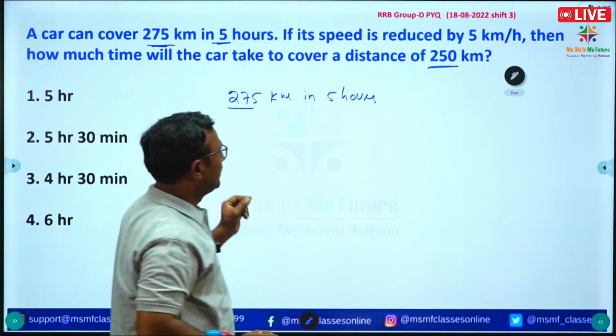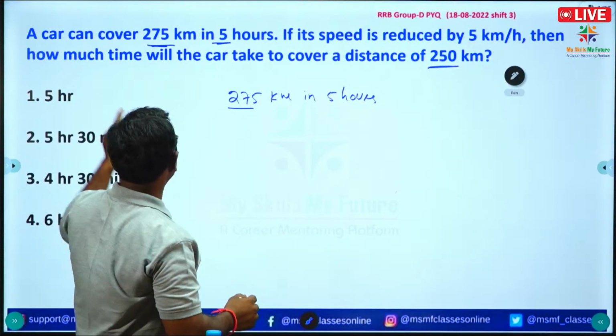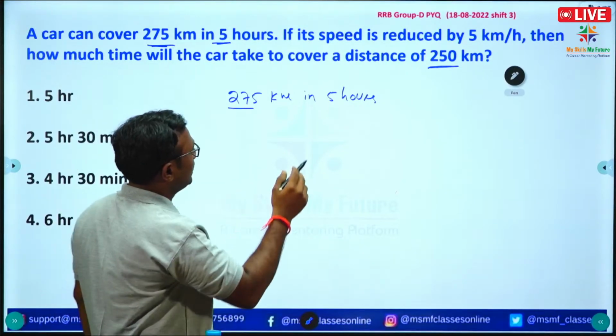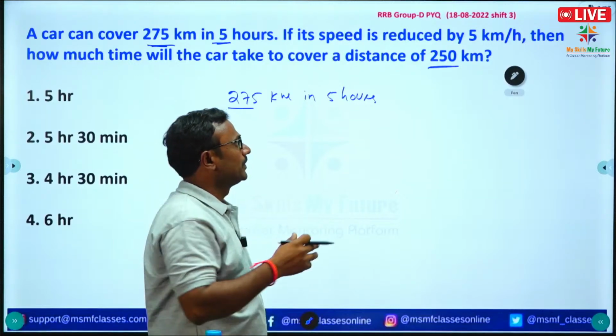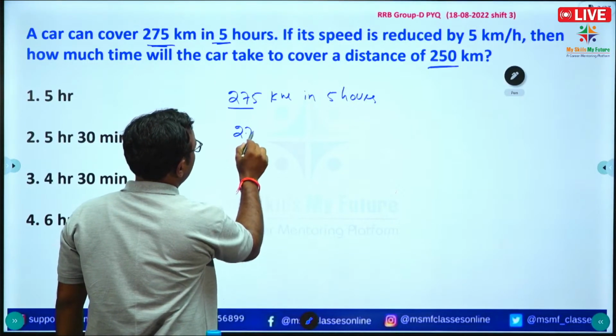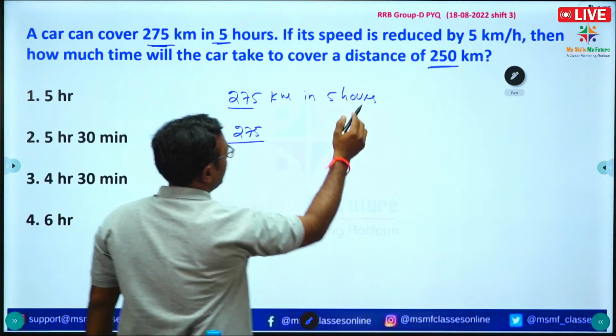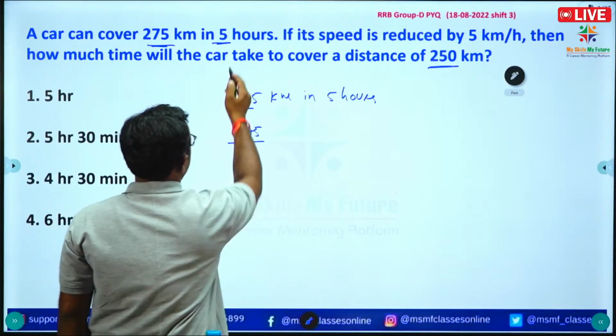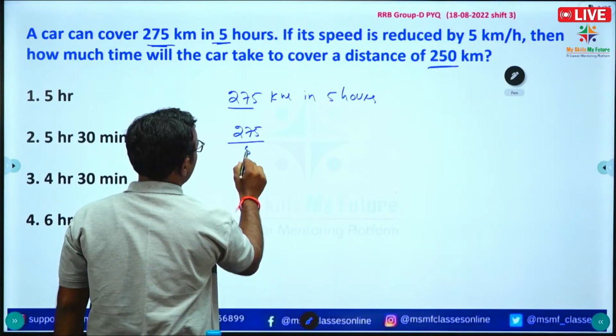So first of all we need to find the time. See here, 275 distance by time, we get the speed.